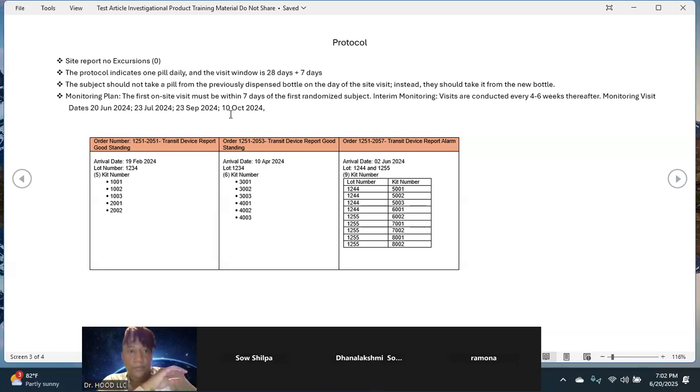So we have to do the plus or minus for the 6 weeks based on the correct last date that the CRA can be on site. So all subsequent visits should be offset by June 18th, not the visit that came before. So every 4 to 6 weeks should be based on June 18th.